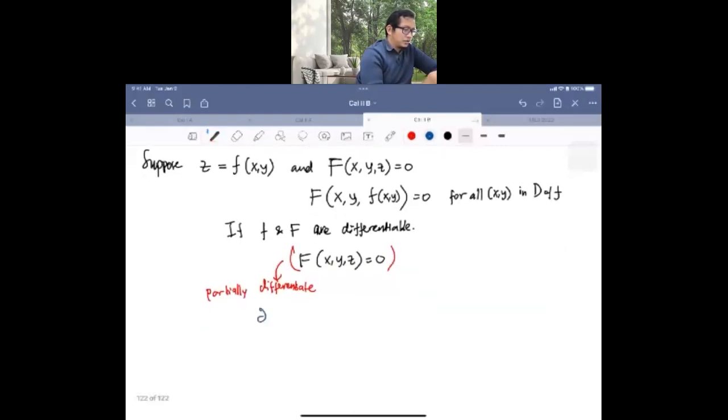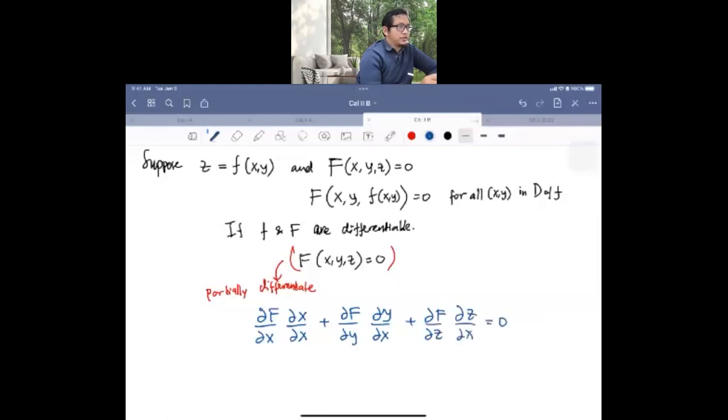It becomes dou f dou x, dou x dou x, let's say dou x with respect to x. Dou f dou y, dou y dou x plus dou f dou z, dou z dou x equals 0. Well, this is 1, right? And dou y dou x is 0.